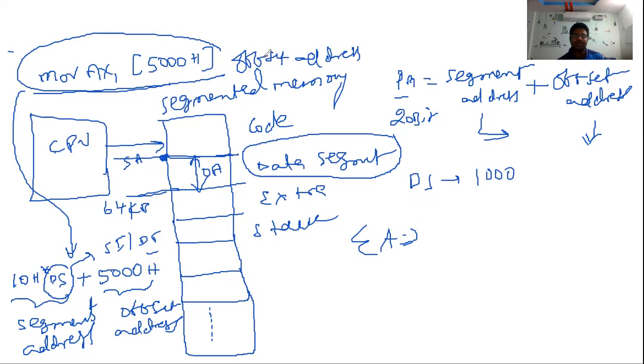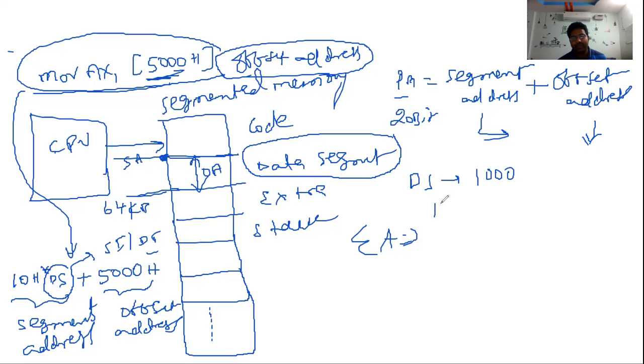The segment address is predefined by the microprocessor. So in all types of instructions, the address you give is the offset address.